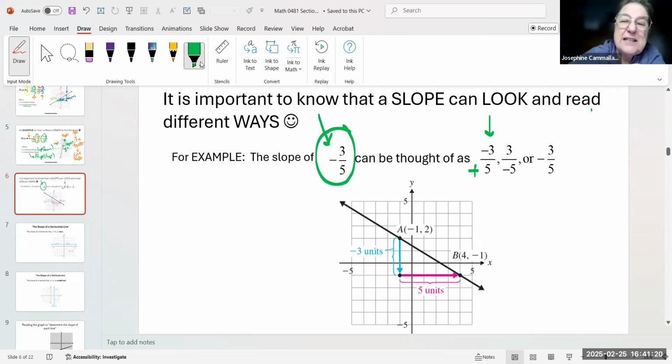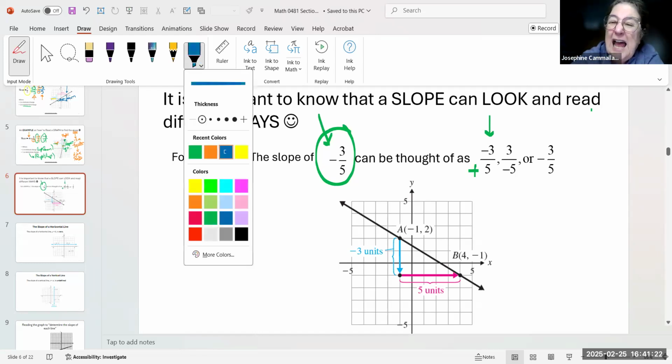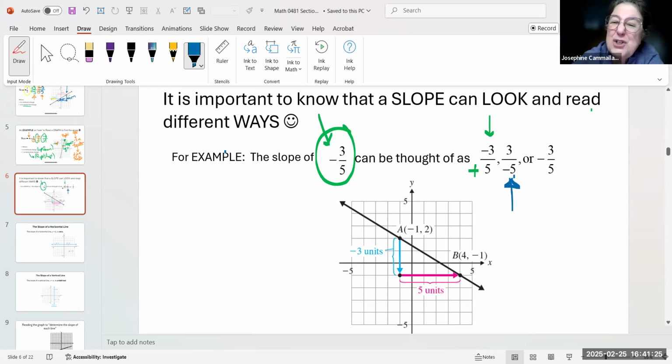Well, I could do the opposite. I can move that negative to the denominator. But that means I'm making the numerator positive. Well, a positive numerator and a negative denominator still makes my slope negative.